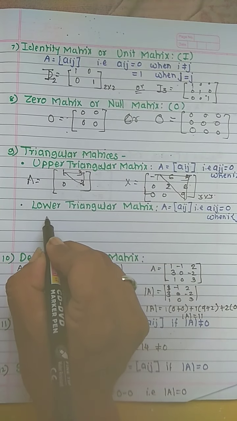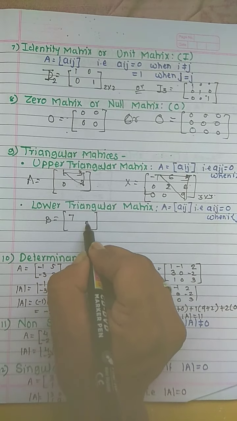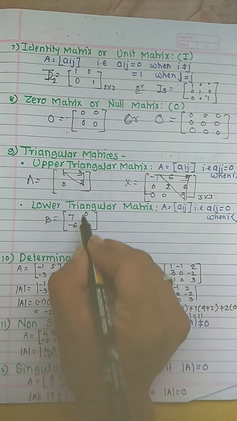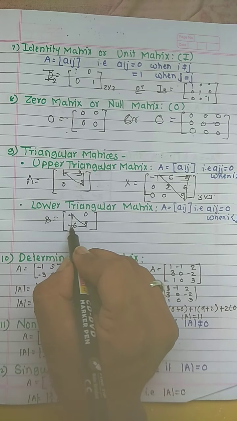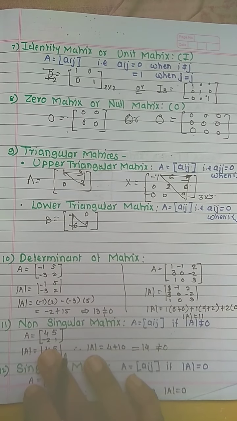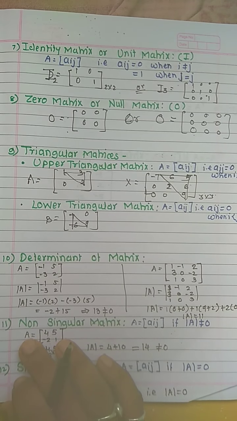For example, the B matrix contains diagonal elements 7, 9 and minus 6, and the upper elements are 0. Therefore, this matrix is called the lower triangular matrix, similarly of order 3.